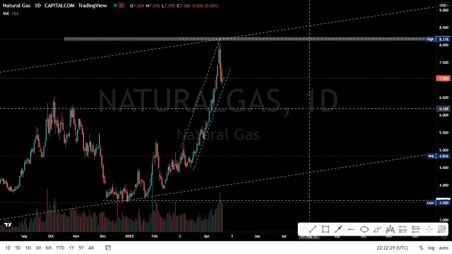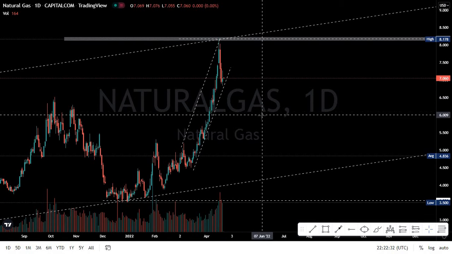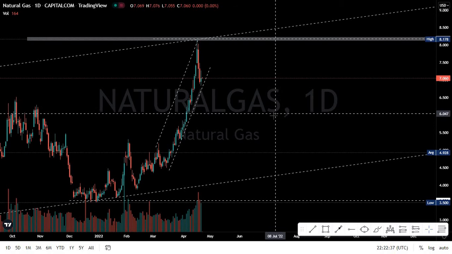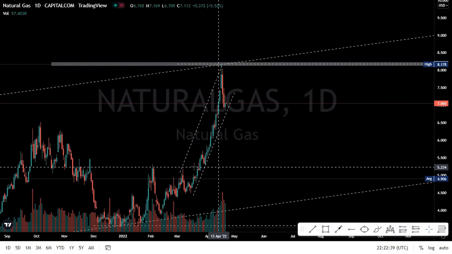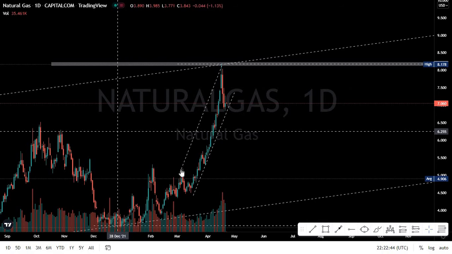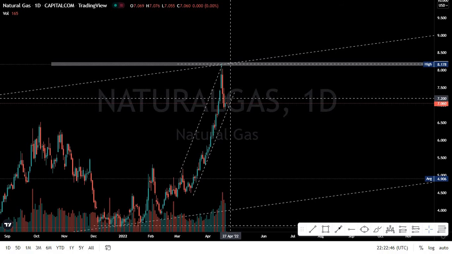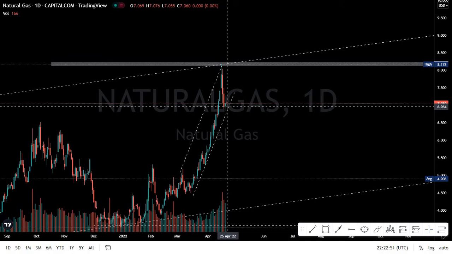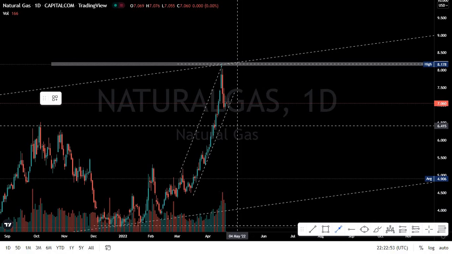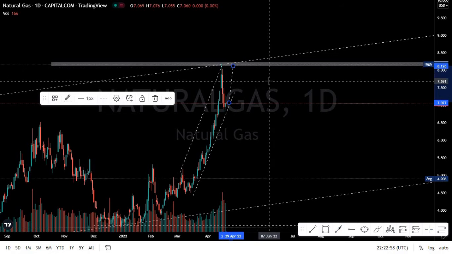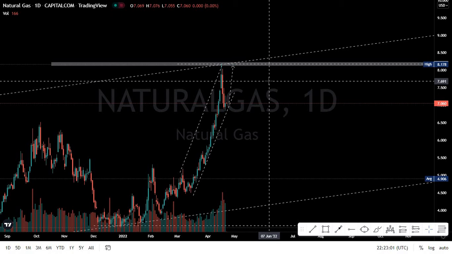So I'll move to my H4 time frame. But before I move to my H4 time frame, we see that price is trending inside this main trend. So the scenario now is I expect price to move all the way to this level and then come back here, according to what I am looking at on my daily time frame.